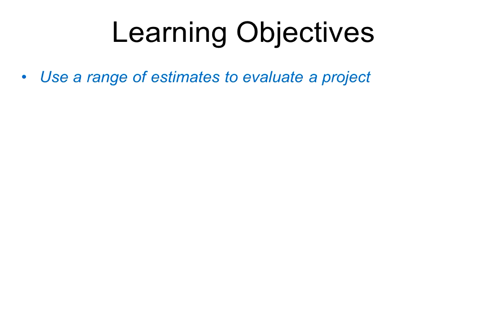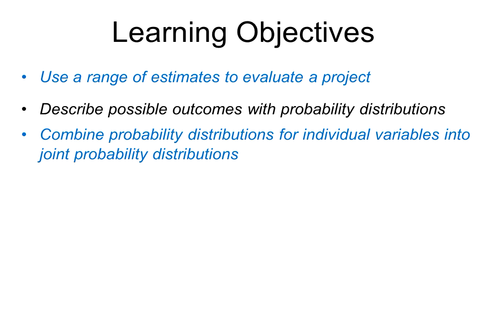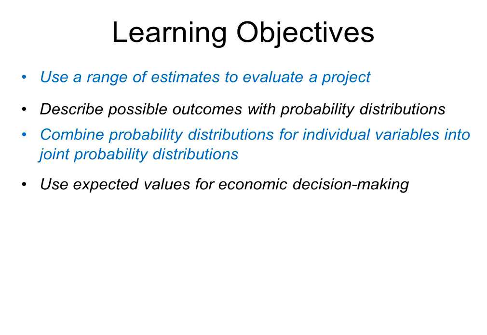So the learning objectives for today are: we will be able to use a range of estimates to evaluate a project. We will describe possible outcomes with probability distributions. And we will combine probability distributions for individual variables into a joint probability distribution.